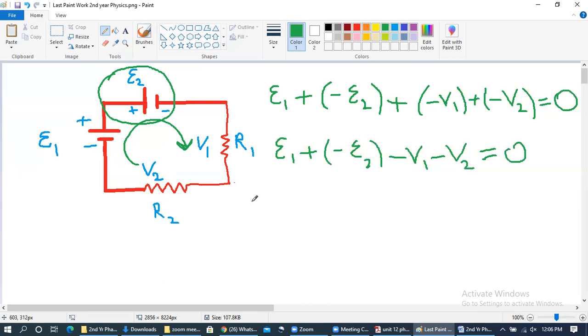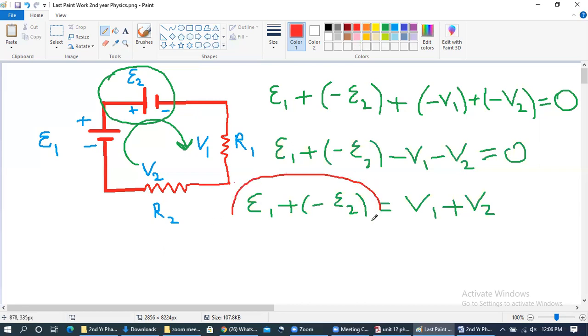So you have got this thing, or you may also write it as epsilon 1 plus epsilon 2 is equal to V1 plus V2, because they are going toward the right hand side, their signs have been changed. Now you know that this epsilon 1 and epsilon 2 is the sum of all voltage provided, all EMFs provided to the circuit.